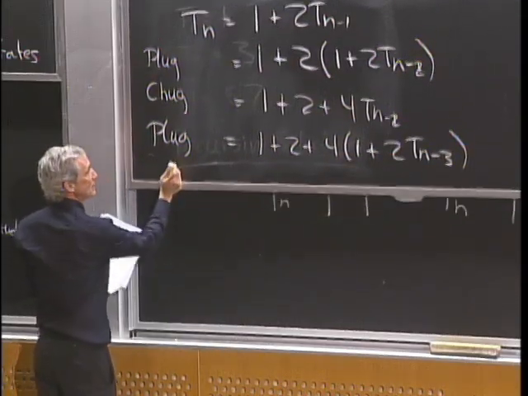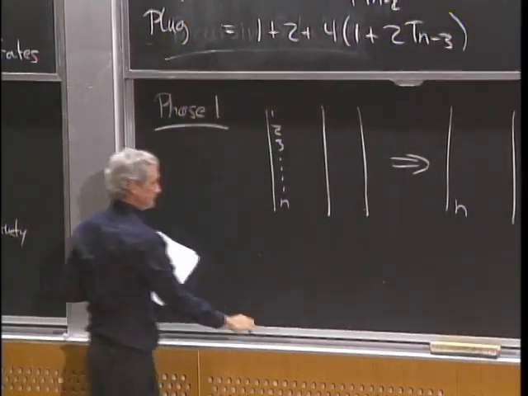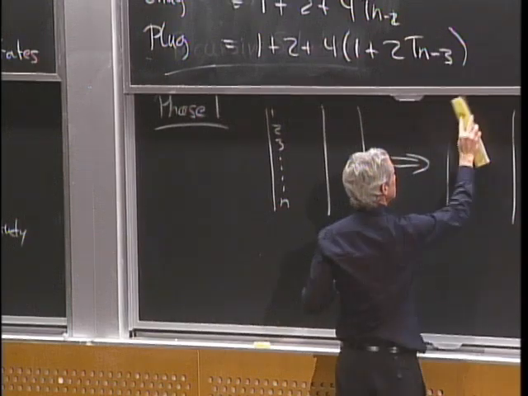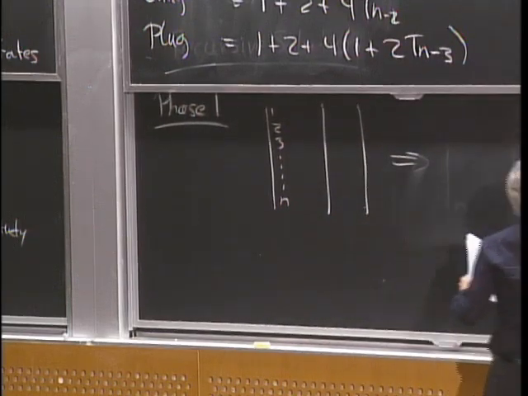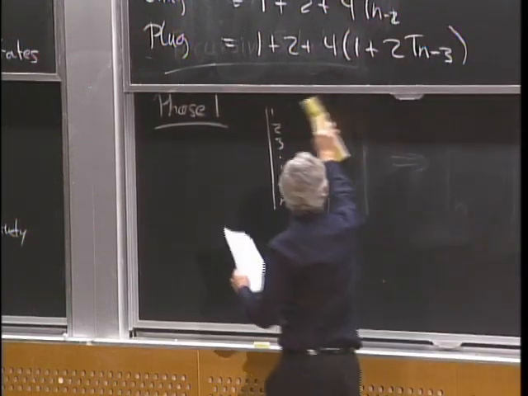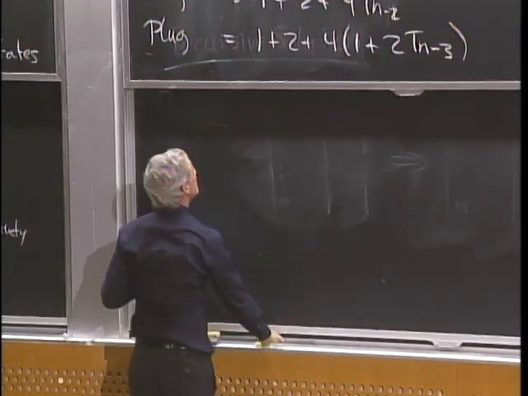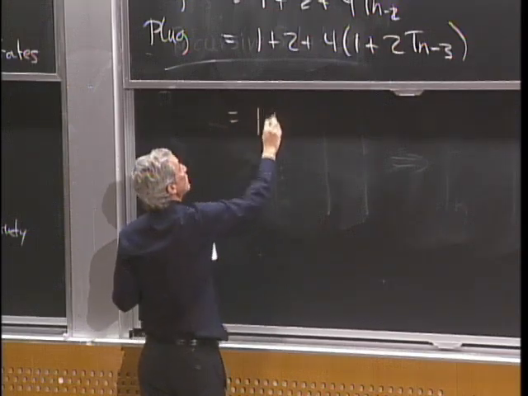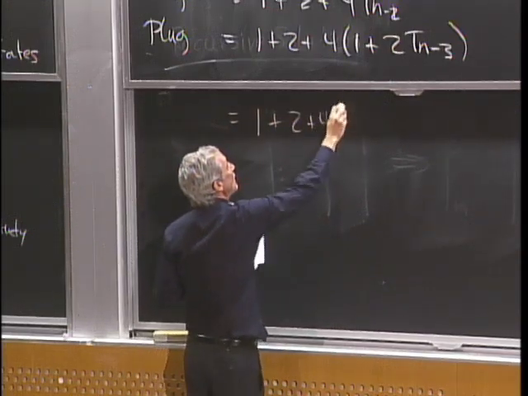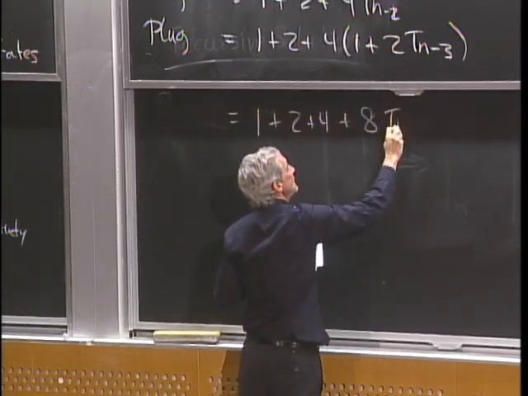Then we do the chug. 1 plus 2 plus 4 plus 8T(n-3).